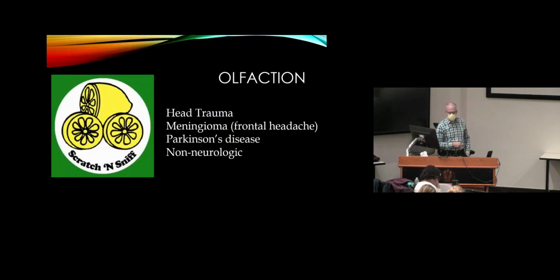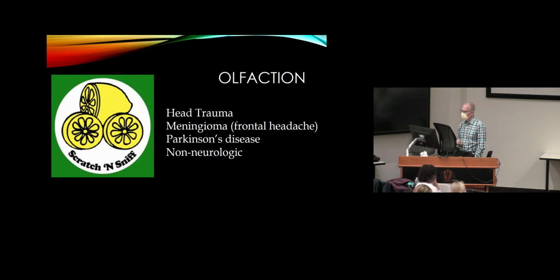All right, so what are some reasons for loss of smell or hyposmia? Anosmia is complete loss of smell. Head trauma. Later on, when we talk about brain tumors, we'll spend quite a bit of time on meningiomas. This is a benign tumor of the meningeal cells, and very frequently they will grow about in this area. And so a concerning presentation is if someone has headaches from a mass lesion growing there, and then loss of smell.